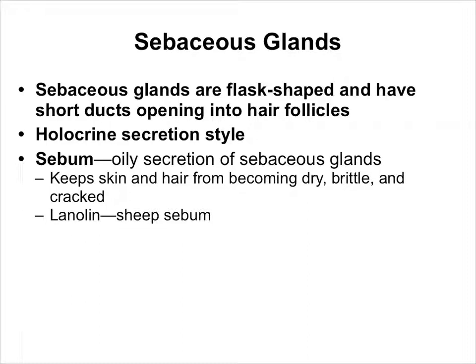Humans and pretty much all mammals have sebaceous glands. They are modified in some creatures, so if you've ever seen raw sheep wool, it starts out coated in an oily, grimy coating called lanolin. That comes from the sheep's sebaceous glands.